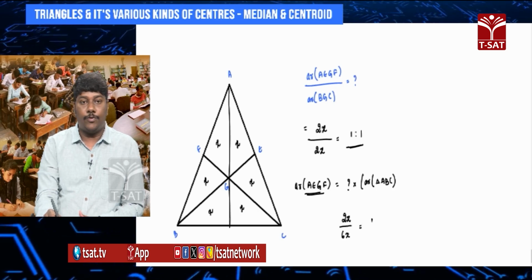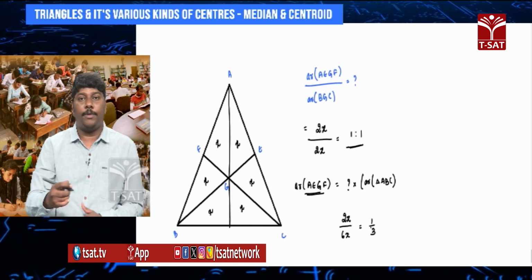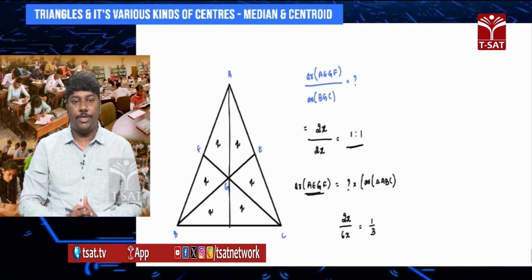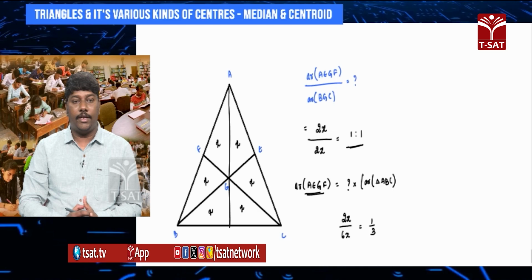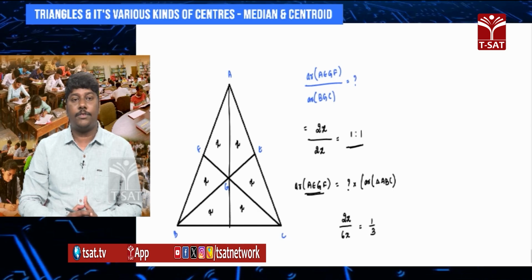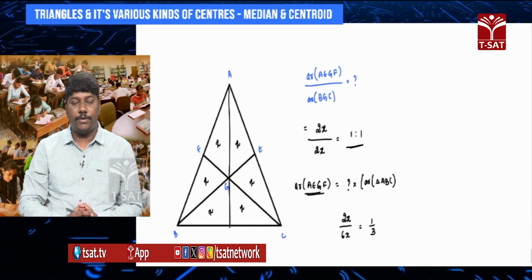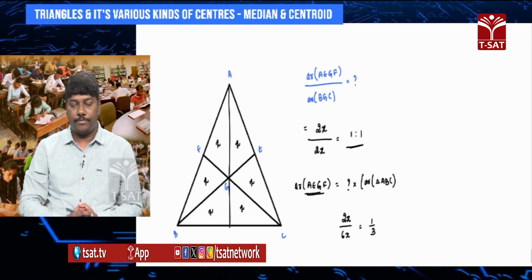Therefore, this is 1/3 of area of ABC. Sometimes they may ask you about AEGF also. So be careful here, it is actually a quadrilateral, but it is composed of two triangles. Therefore, it is 2 triangles out of 6 triangles, which is equal to 1 out of 3.